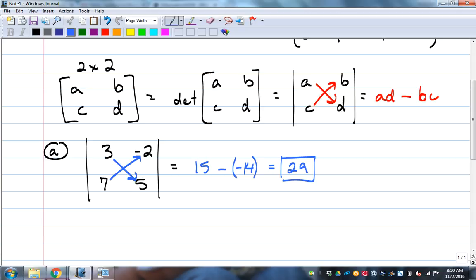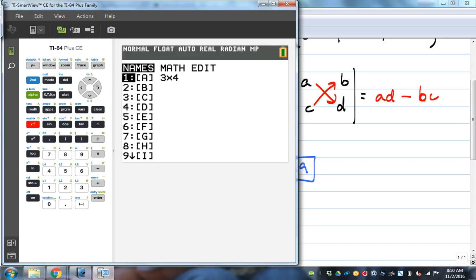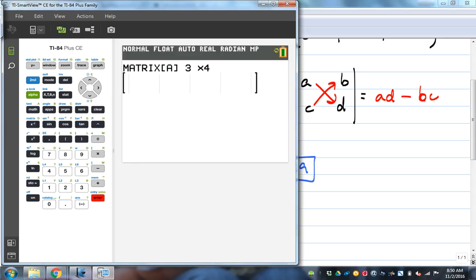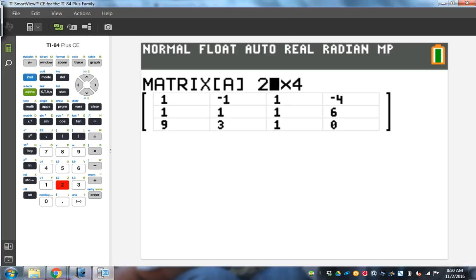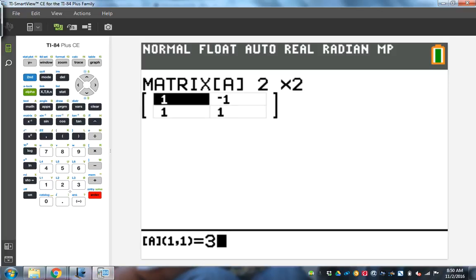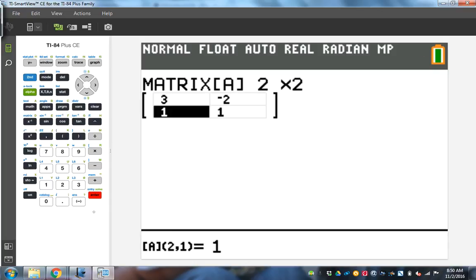You can do that with the calculator as well if you're nervous about your multiplication skills or your ability to type a subtraction problem into your calculator. You can do that by going to the matrix menu. Go over to edit, just like we did when we were doing our REF. Put a 2 by 2 matrix in there: 3, -2, 7, 5.